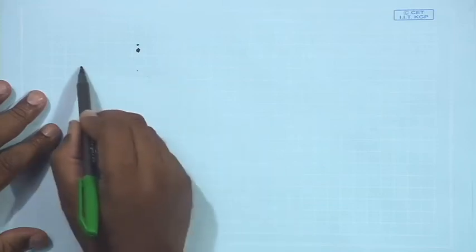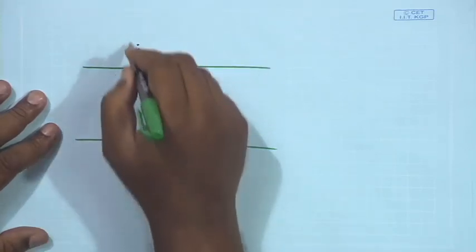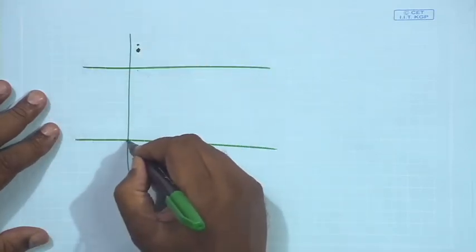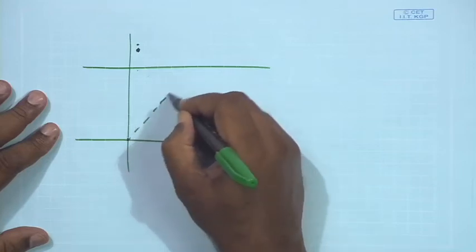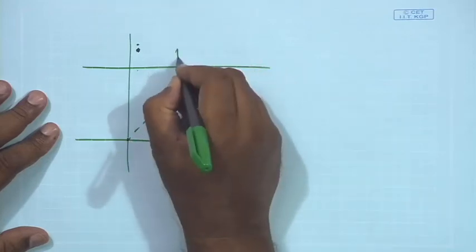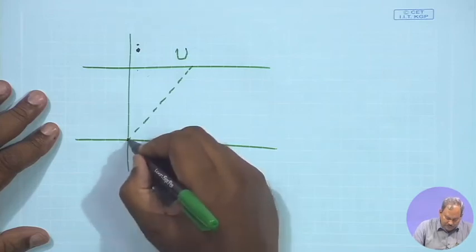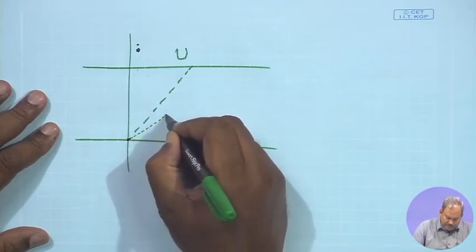I will just give you a pointer on how the profile would look like. This is my straight line, the velocity is equal to u, and this is the limiting case.